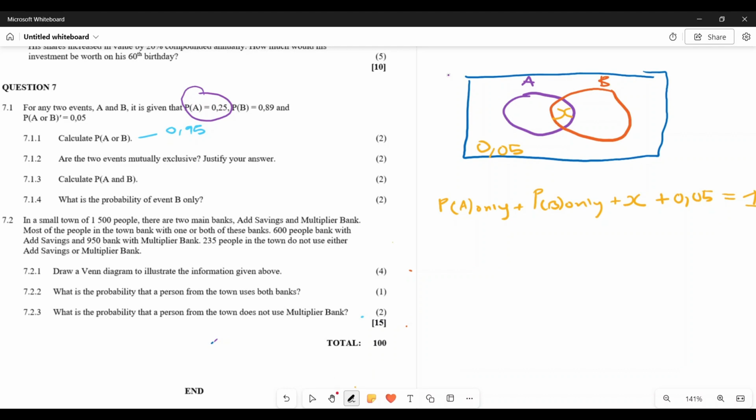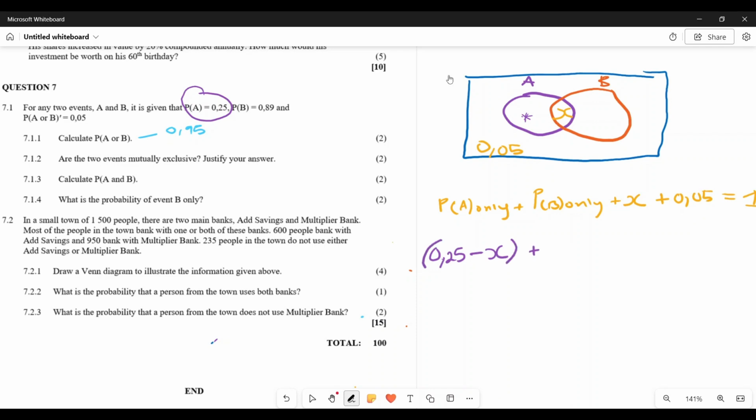Now, how do you go about finding the probability of A? Remember, to find the probability of this event A as a whole, we would have taken the probability inside A, added it to X. But now we want the probability of A only, which is the value that must be here, right? So in order to do that, we would need to take the 0.25, which is the probability of A, minus the probability of A and B, right? Therefore, we would get the probability of A only.